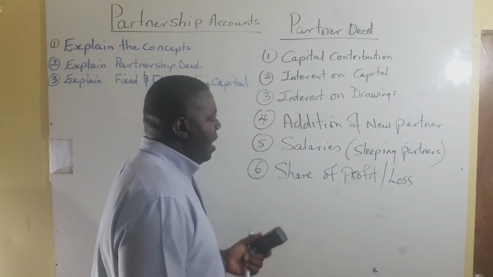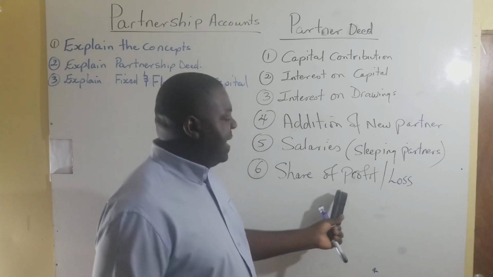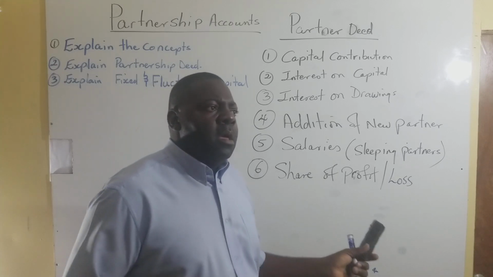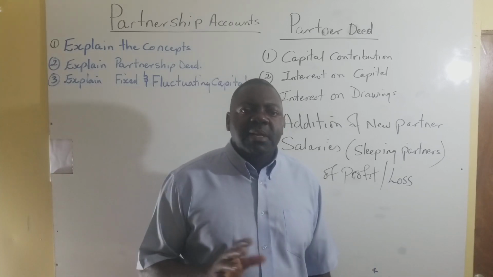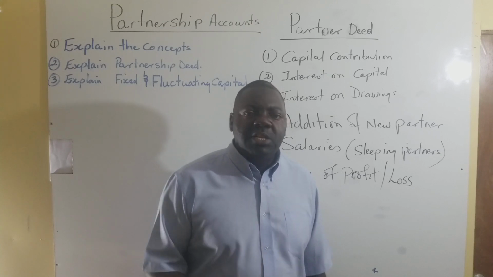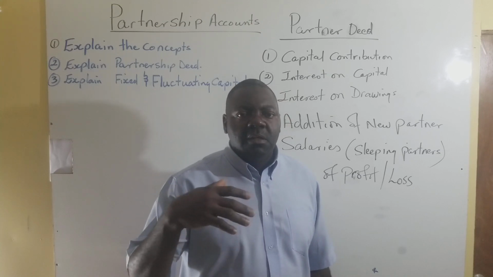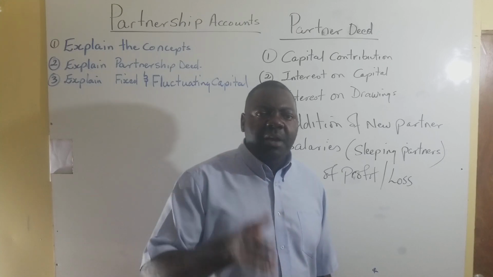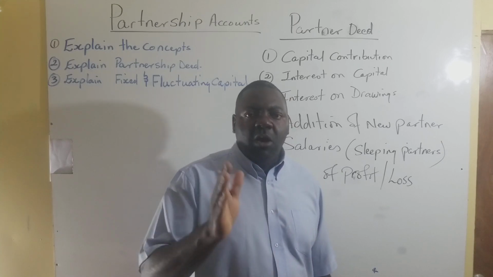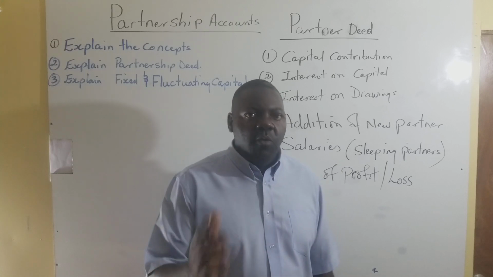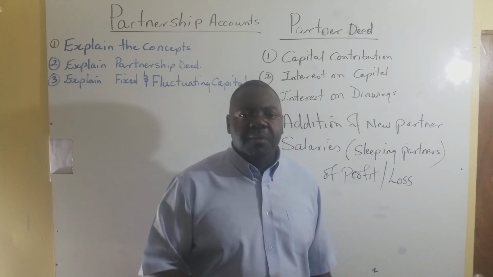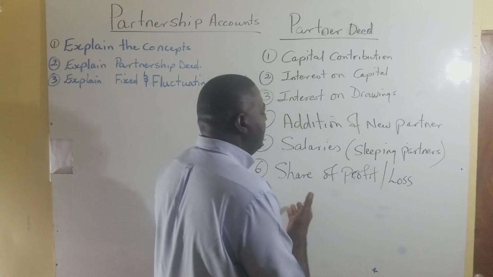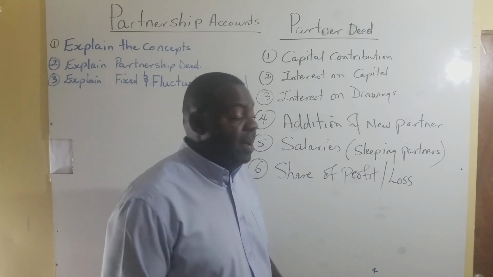Now, I want to spend a little time here because there are various arrangements that can be done to calculate the shares of profit. After all the required deductions and allotments to the partners, that which is left of the net profit will be shared among the partners.